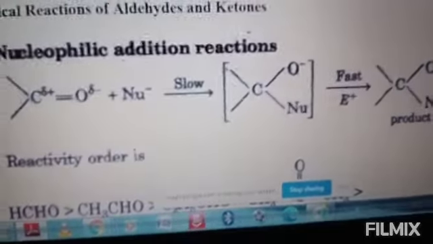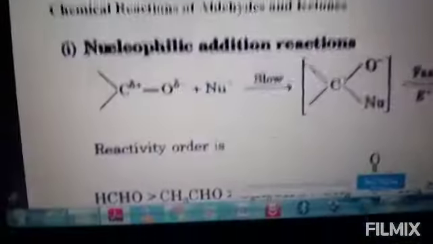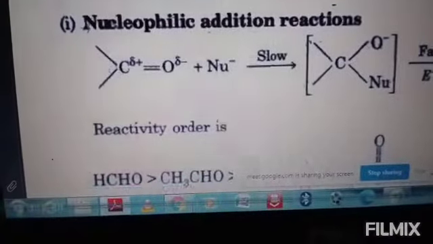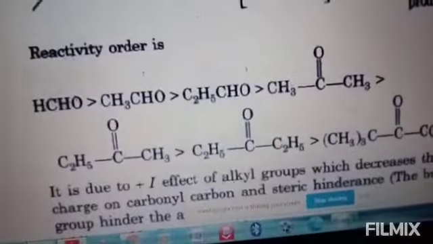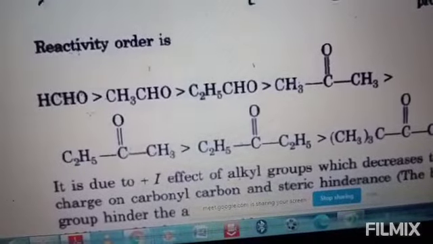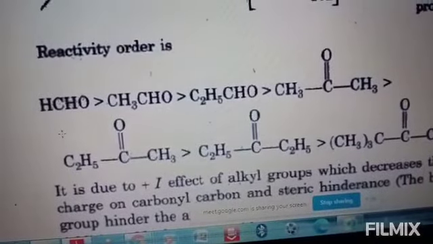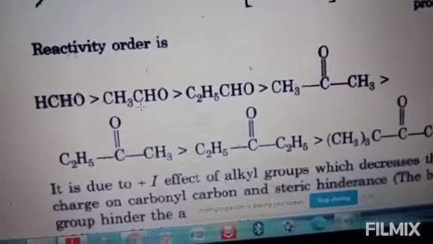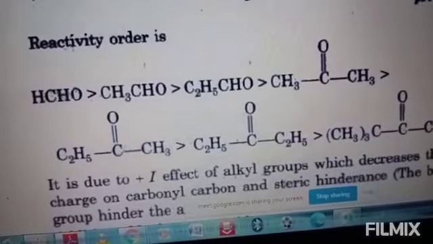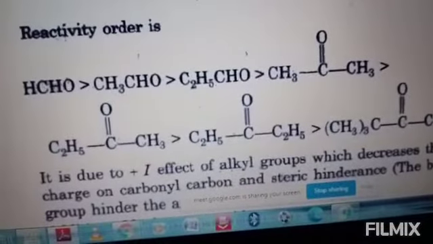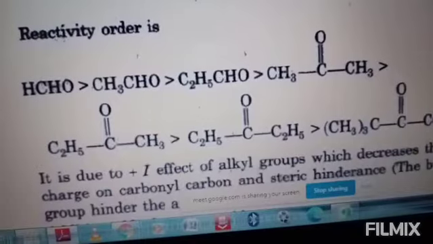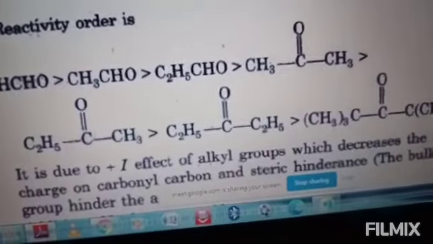So here let us see the order of reactivity. In nucleophilic addition reactions, aldehyde is more reactive, that is methanal, then comes ethanal, then propanal, and at last ketone.